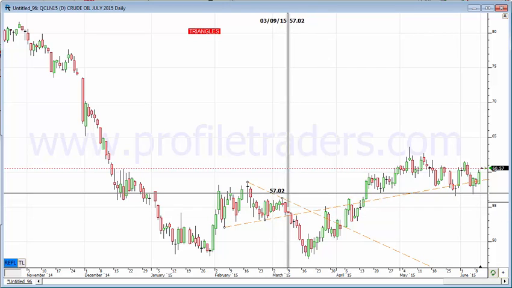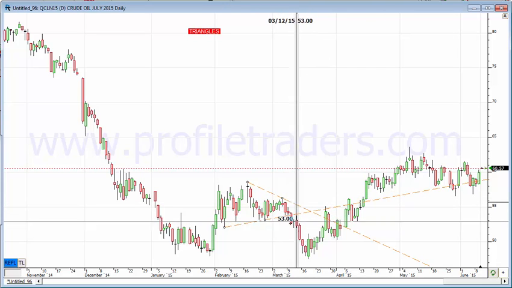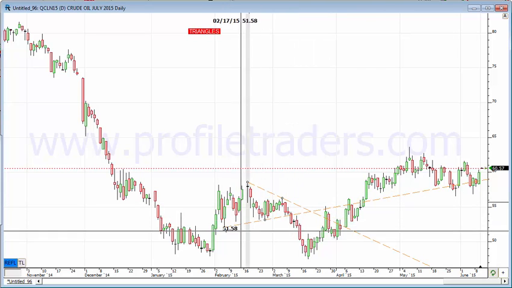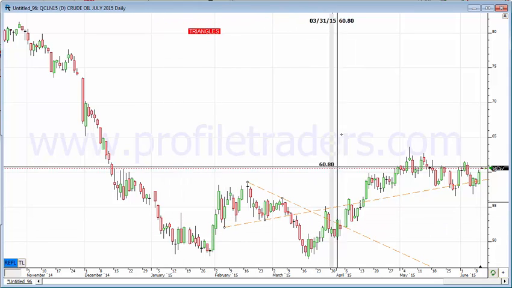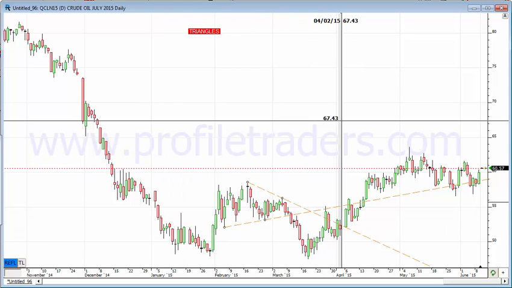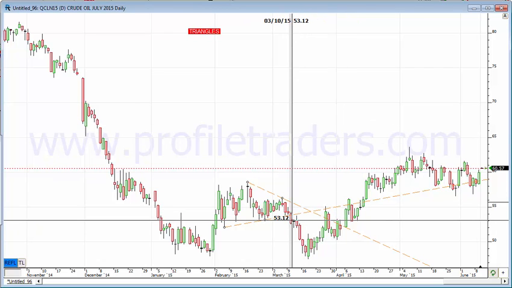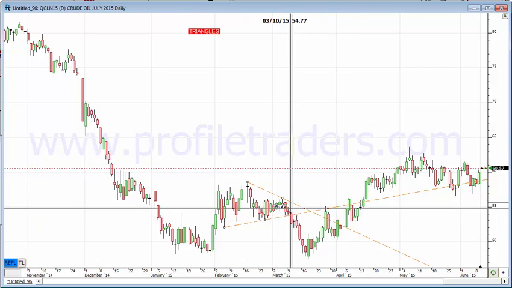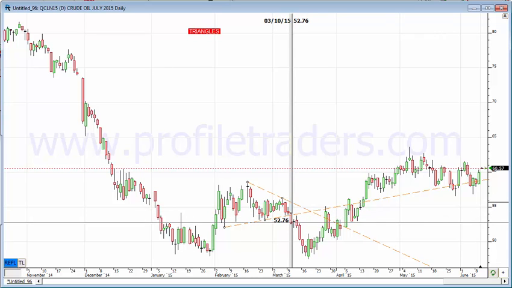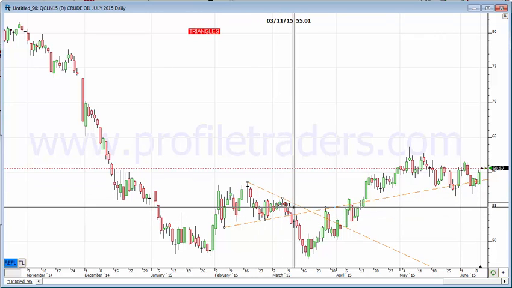After that, the triangle broke to the downside, and the way you confirm a breakout of a triangle is that your daily close, or whatever candle close of the time frame you use, must close on a closing basis outside the triangle.